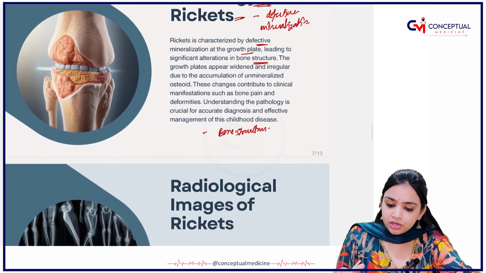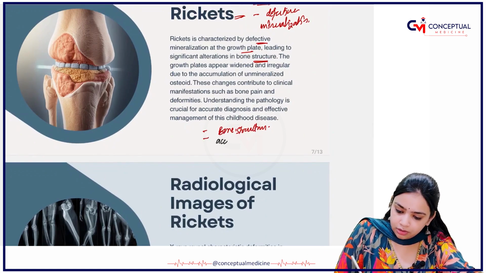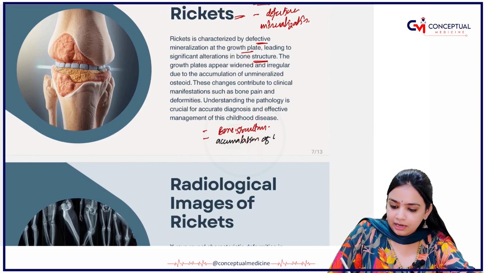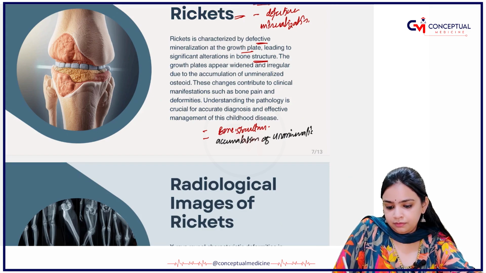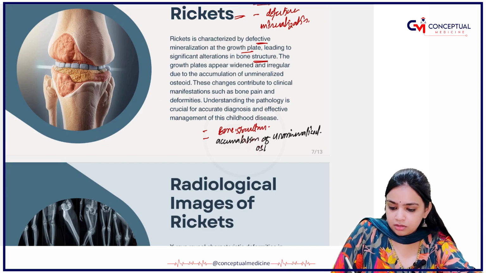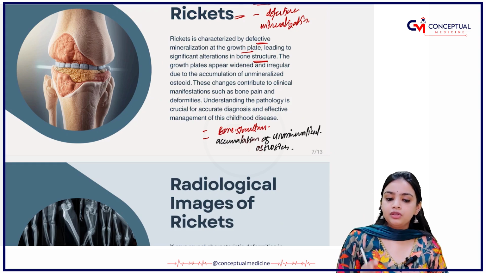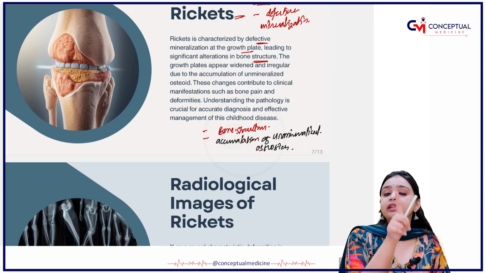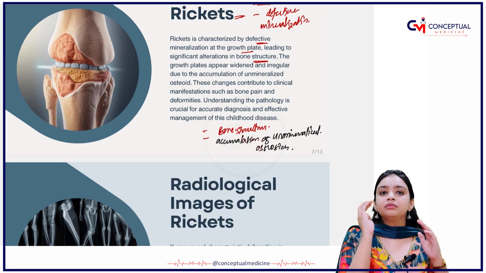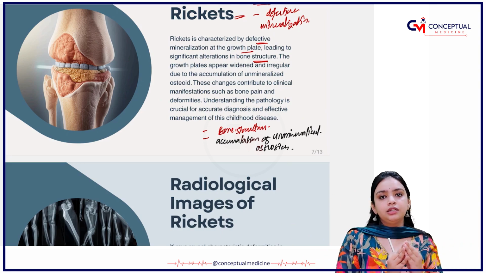After that, there is accumulation of unmineralized osteoid. If you are not getting the pathology right now, it is because I have already explained it in the session on osteomalacia. If you are thorough with osteomalacia, only then watch the chapter on rickets, because they are interlinked with each other.